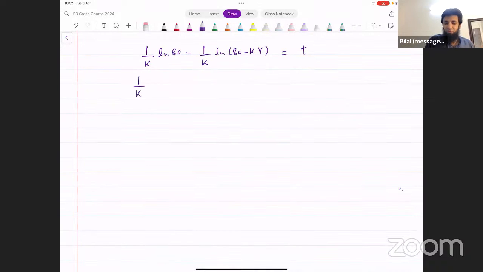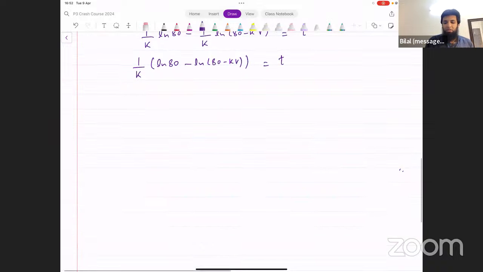So that leaves us with 1 over k into ln of at minus ln of at minus k times v, that equals t. And now this part can be written as ln of at divided by at minus k times v. We could take this k to the other side, multiply that with t. This is what we end up getting.